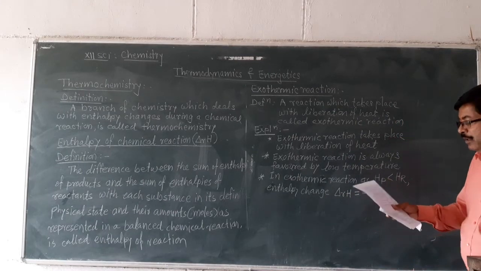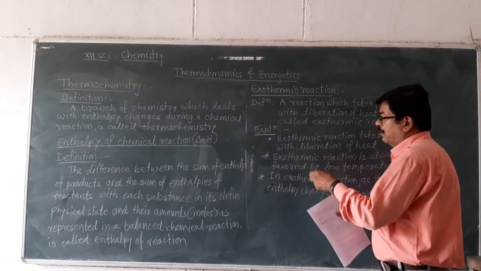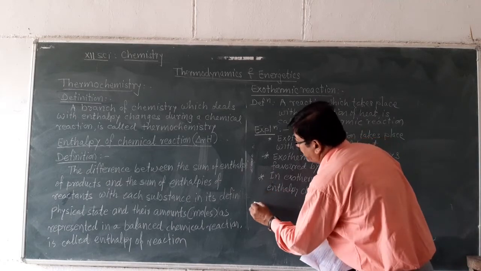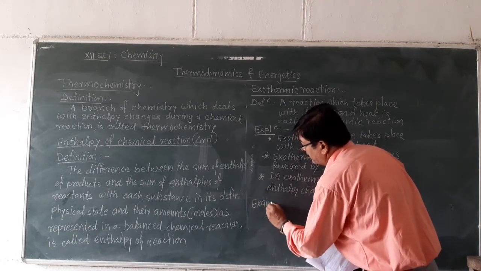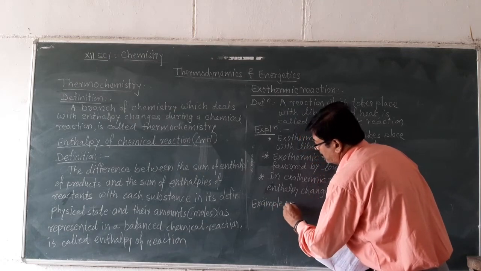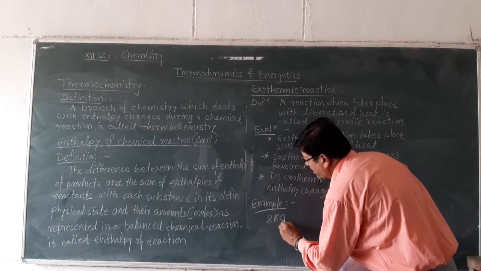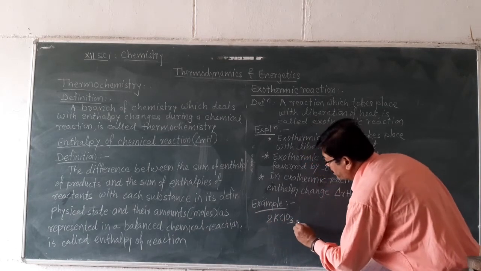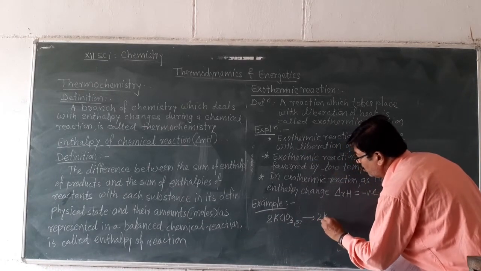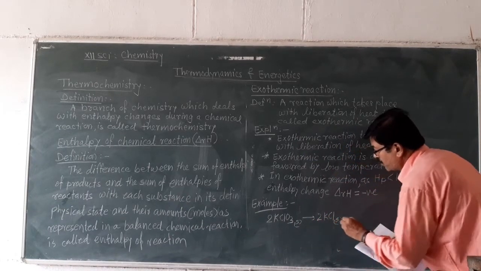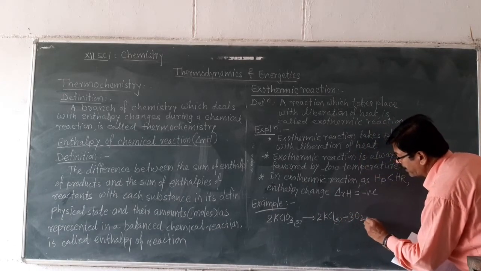Now you can cite an example for exothermic reaction. For example, decomposition of KClO3. 2 moles of KClO3 decompose to give 2 moles of solid KCl and 3 moles of oxygen gas.